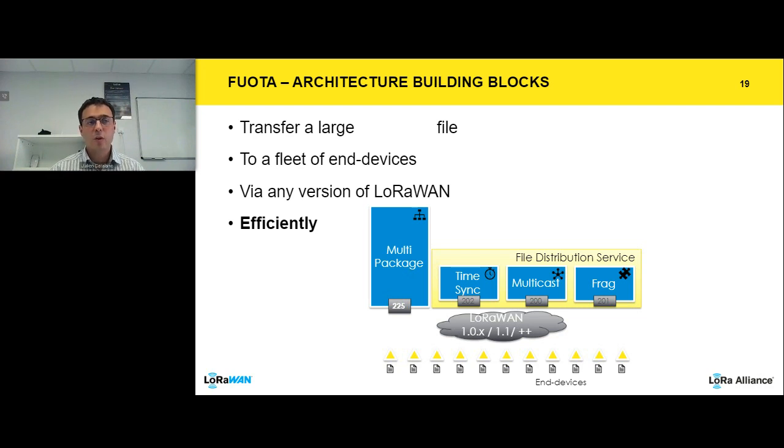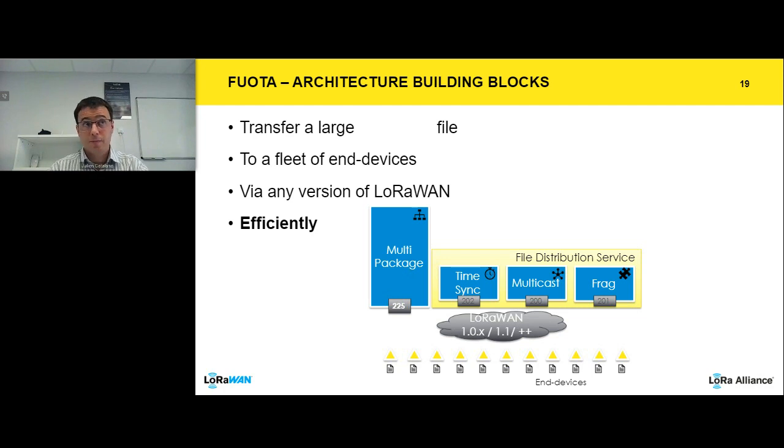So instead of having one downlink to configure fragmentation, one downlink to configure multicast, and one other downlink to do the time synchronization, those three could be concatenated together and sent in a single master downlink, I would say, or meta downlink to the device, and the end device could react and reply to those downlinks in a single uplink again. So this achieved the efficiency.